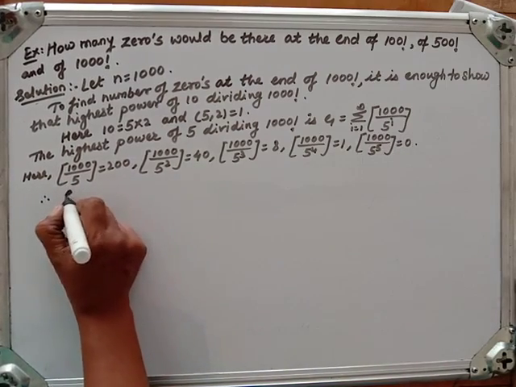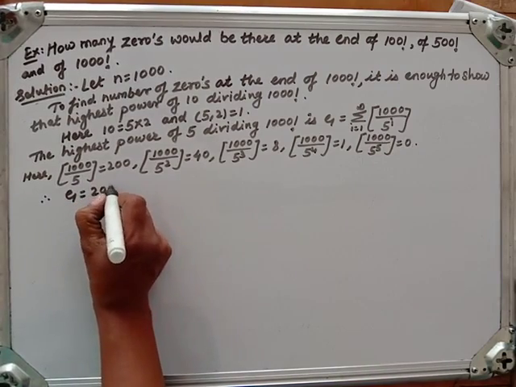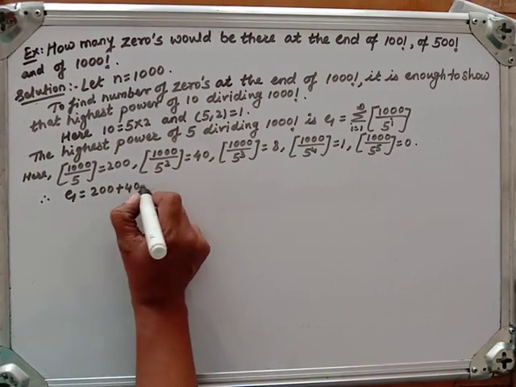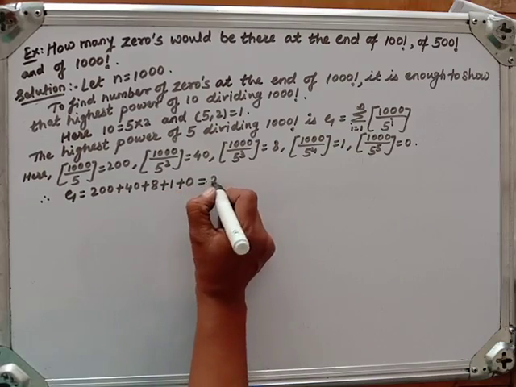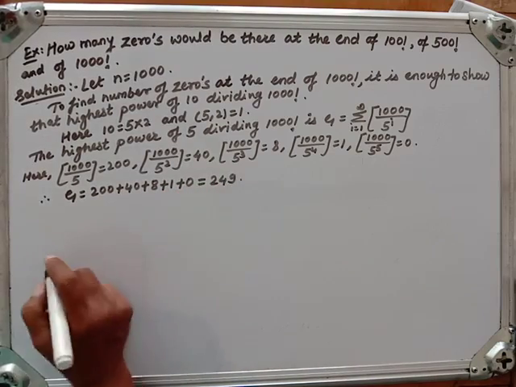Therefore, E1 is equal to 200 plus 40 plus 8 plus 1 plus 0, so it is 249.